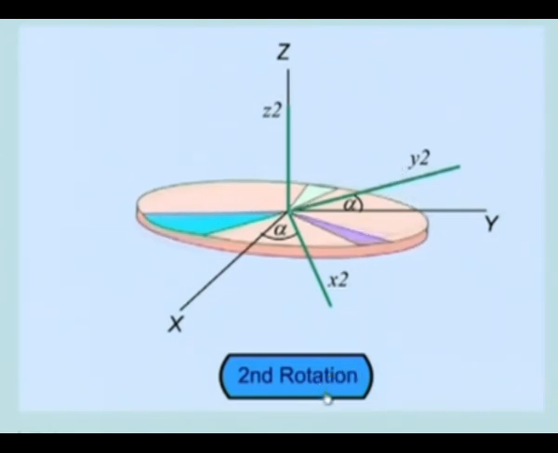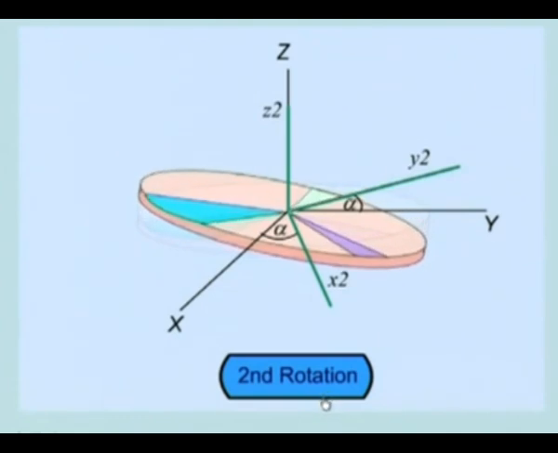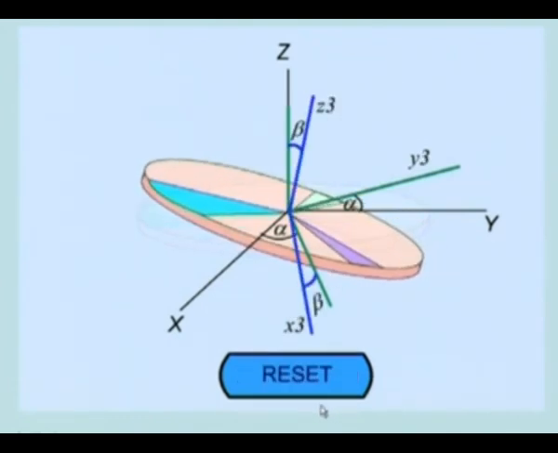Now let us see the second rotation. By the second rotation, y3 is the same as y2 in the same direction, but x3 and z3 have rotated, and those angles are beta. So that rotation is beta.